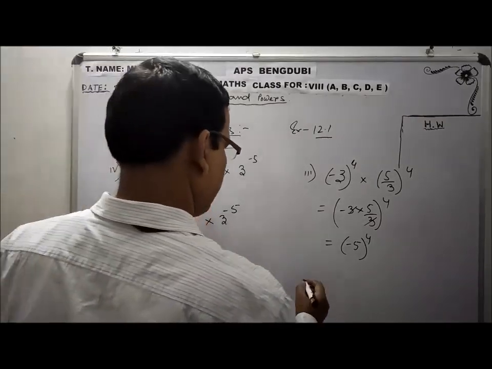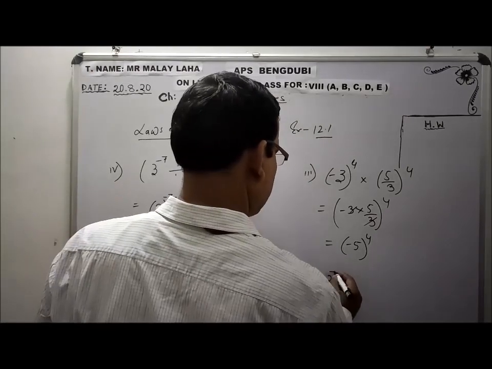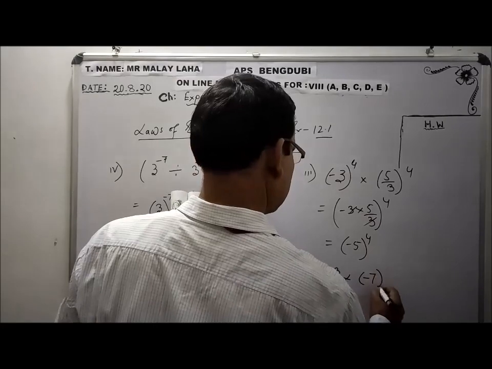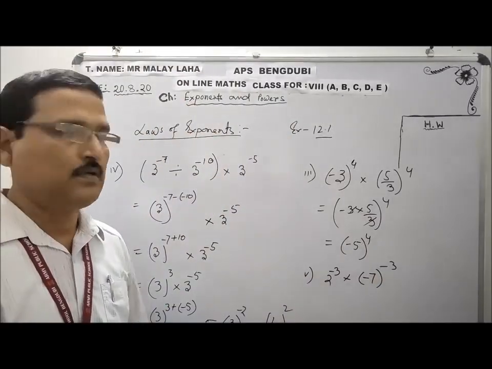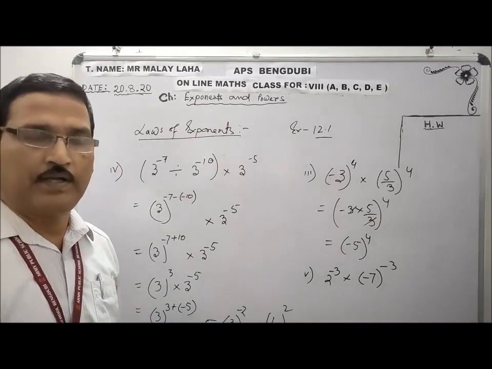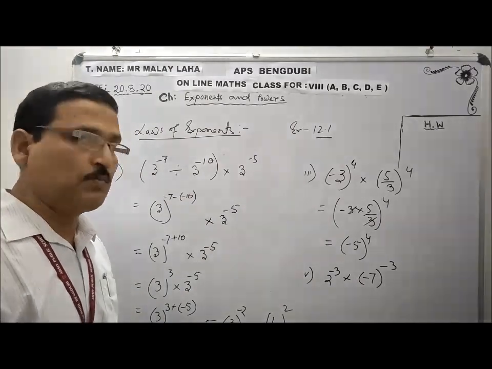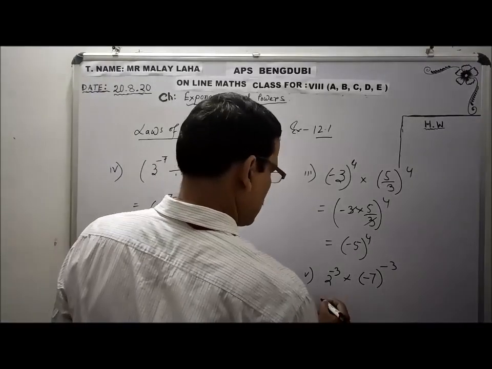Now here, 2 raised to minus 3 into 7 raised to minus 3. What is the similarity? The power is the same in the distributive form. So what we will do: when 2 or more numbers have the same power and different bases, we can write in non-distributive form.